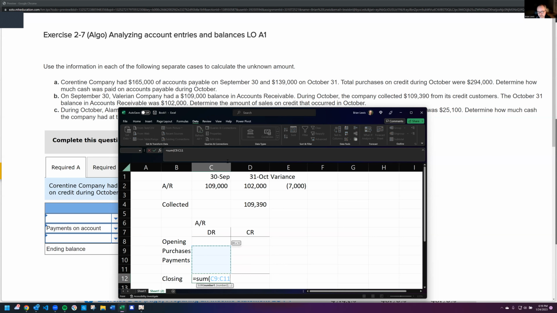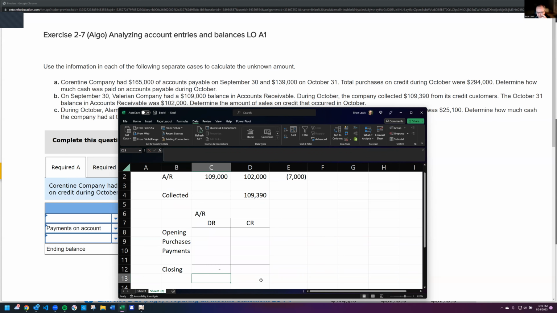Since it's a debit balance, we're going to take that sum minus this side of the sum. Just put in our formula here. And okay, so we're good for the debit balance. So we've got an opening, we've got payments, and we've got sales.